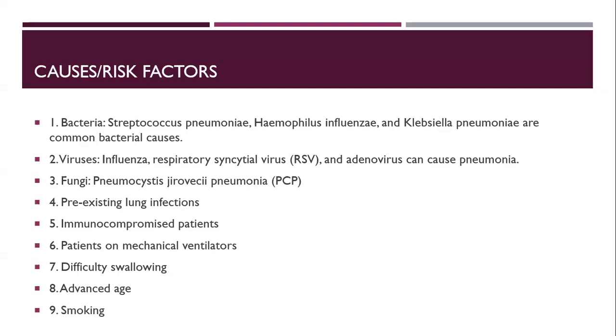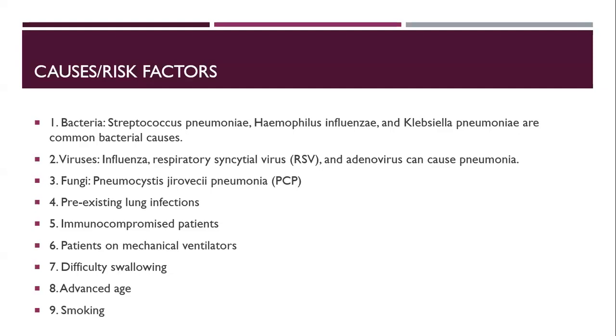Then four, we have pre-existing lung infection, for example, bronchitis in COPD. So you have COPD, we have bronchitis. There's inflammation going on in your airway. This bacteria or this inflammation can extend to the lung. Once it has extended to the alveoli, it begins to cause issues with your lungs, and you can get pneumonia.